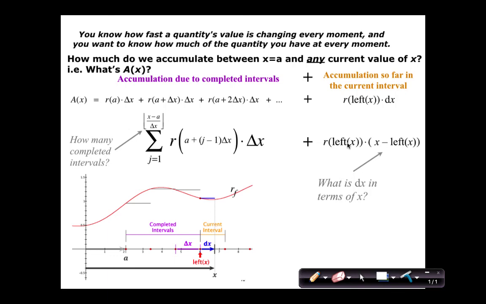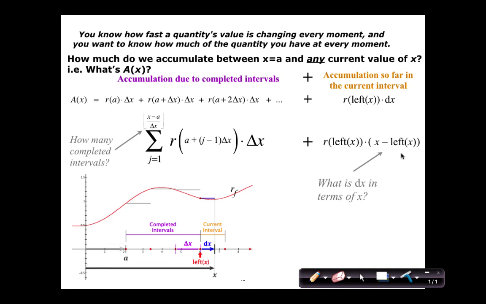So we just abbreviated it there, x minus left of x. So I have one term that involves this last interval's x value that I use for a different length of time. As x grows, this grows.